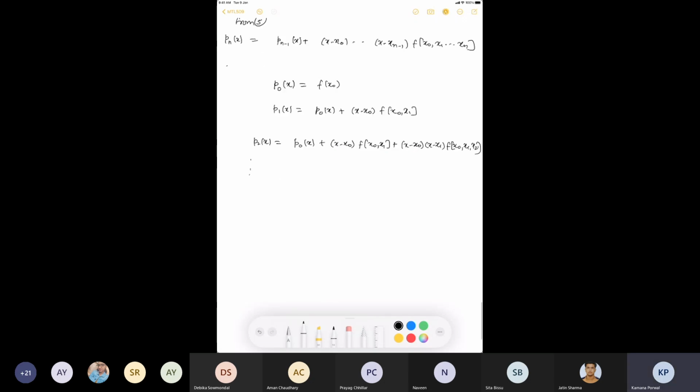Likewise, you will be able to write Pn(x). This is going to be Pn minus 1(x) plus this term, but we already have the expression of Pn minus 1(x) as well, which is P0(x), simply f(x0) plus (x minus x0).